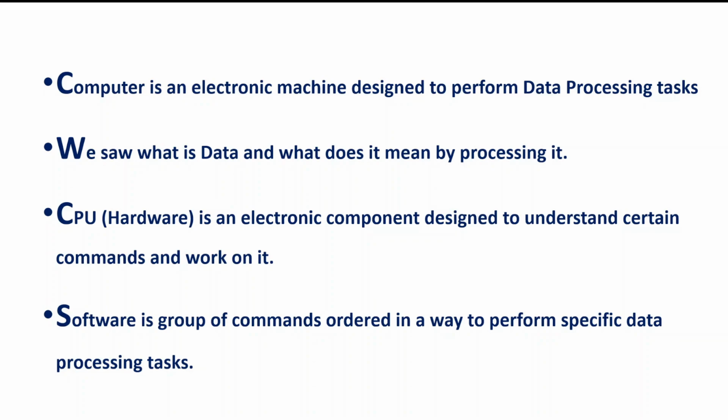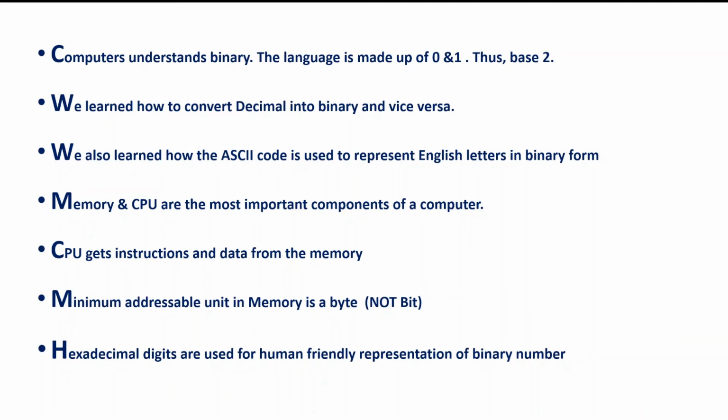Programmers arrange these commands as needed to carry out data processing tasks. A computer system deals with 0 and 1. We have learned how to convert decimals and letters into binary numbers. We learned the ASCII code, which is used to represent English letters and symbols in binary format.